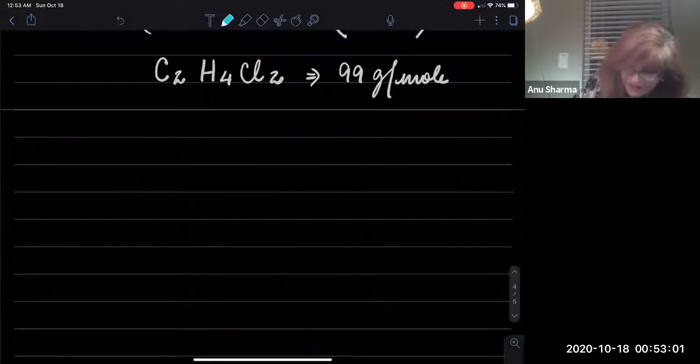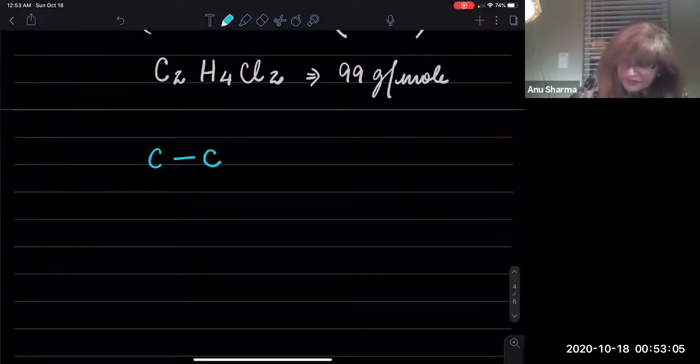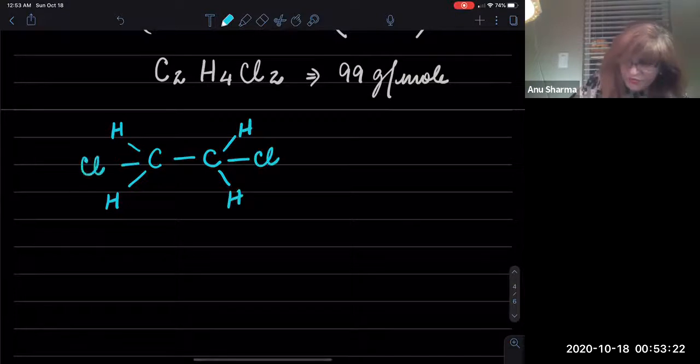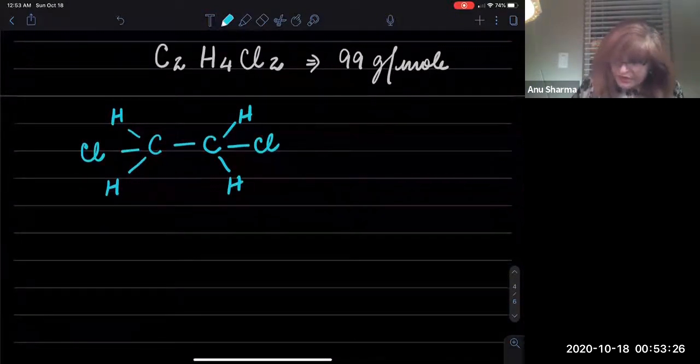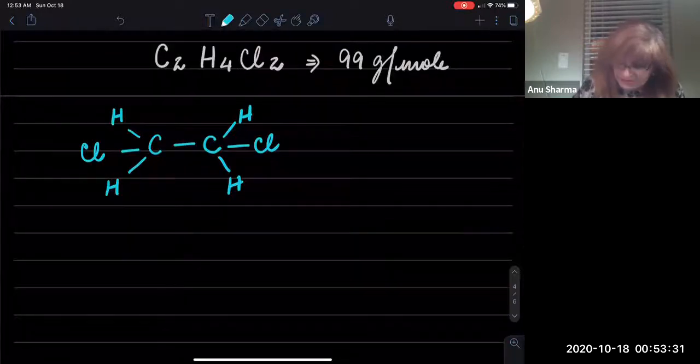Several structural formulas are possible. So here is one, with H4 and Cl2. Carbon is making 4 bonds, hydrogen makes 1 bond, chlorine makes 1 bond, so this is a stable structure.